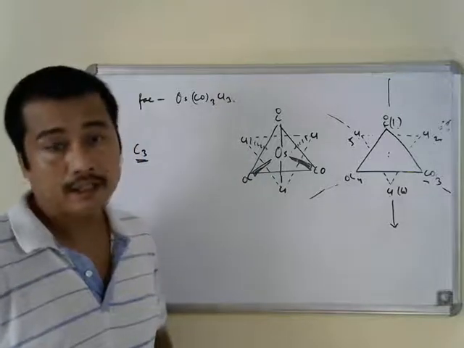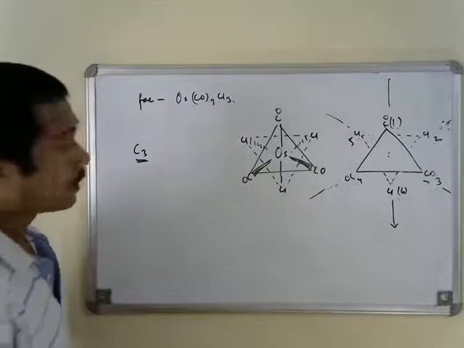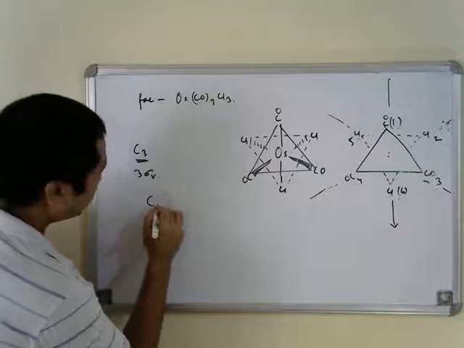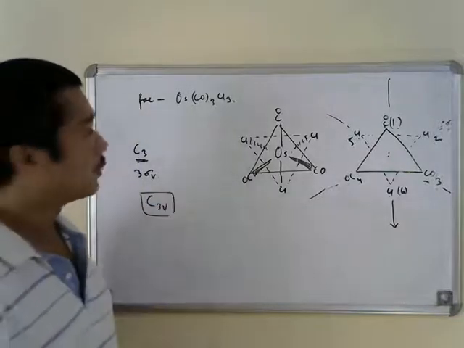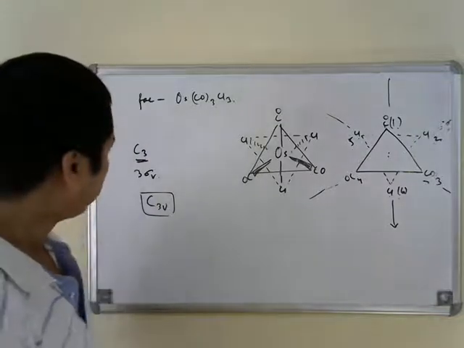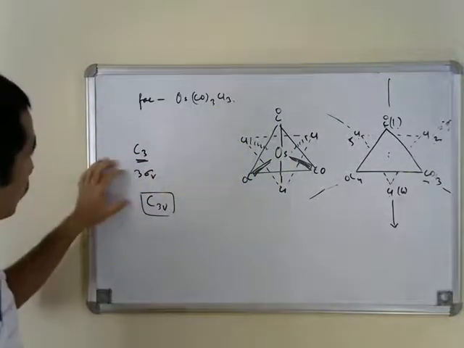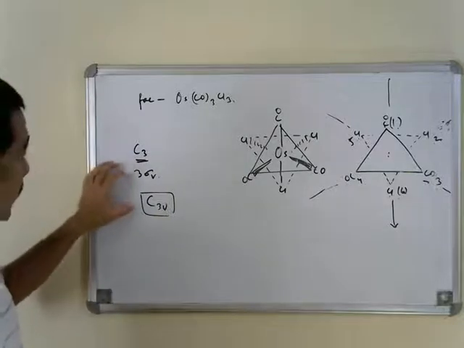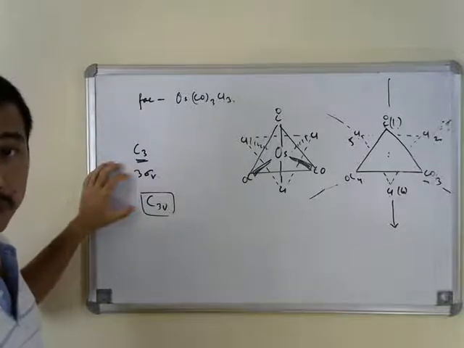So in total there are 3 sigma V planes of symmetry in this molecule, and that is why the point group is going to be C3V in this case. So we have a C3V molecule for facial OsCO3Cl3. Also, the number of symmetry operations should be equal to 2n, because for CnV point groups we have learned earlier the number of symmetry operations is equal to 2n.